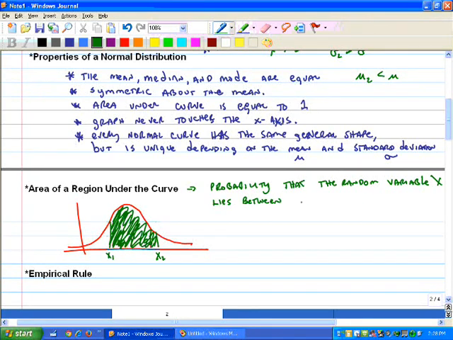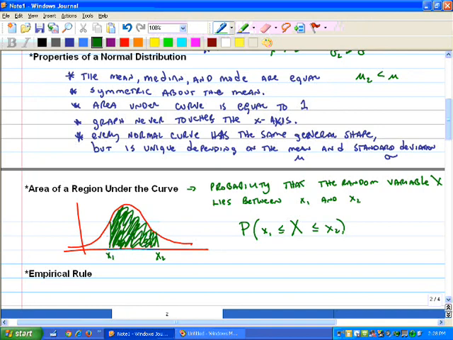In this case, between x1 and x2. In the notation we used in the last chapter, that would be the same as saying the probability that x1 is less than or equal to the random variable x is less than or equal to x2.